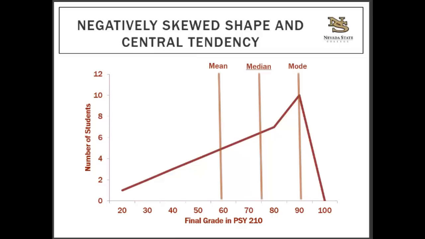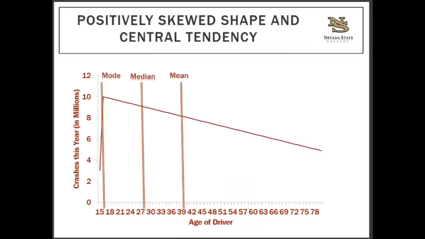It's dragging the mean down, making the mean smaller. So your mean is going to be smaller than your mode, which represents the higher frequency part of your distribution. And your median is always between the two. And again, median would be the preferred measure of central tendency for skewed data on a ratio scale.